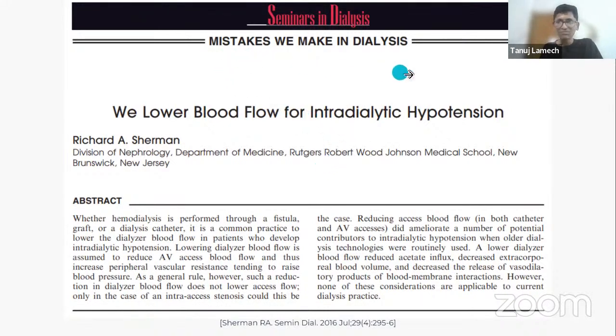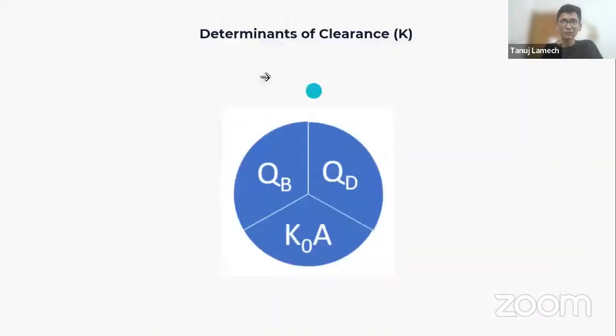He says there are certain mistakes that we make in dialysis, and one of those mistakes is lowering the blood flow when there is intradialytic hypotension. He said this was true several decades ago, maybe in the 80s, because of various changes in dialysis technology. Right now, in contemporary nephrology, raising the blood flow rate does not cause intradialytic hypotension. This is a very important paper that, if you haven't read it already, you can maybe read. It's very fascinating.